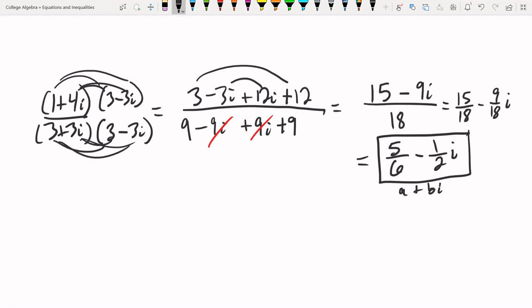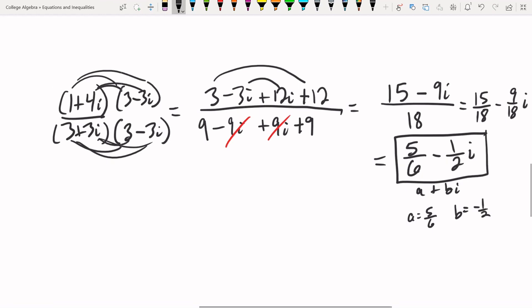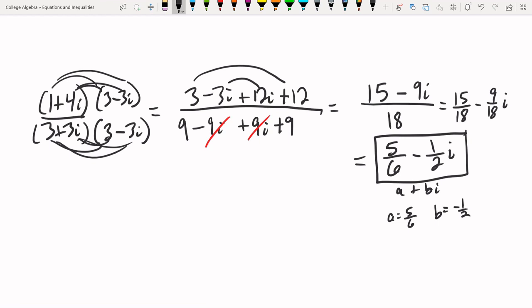A plus bi, where a equals 5/6 and b equals 1/2. Okay, so make sure when you divide by a complex number, you multiply by the conjugate pair. Just like when you divide by a fraction, you multiply by the reciprocal. Kind of the same idea, but obviously not the same in the algebra.